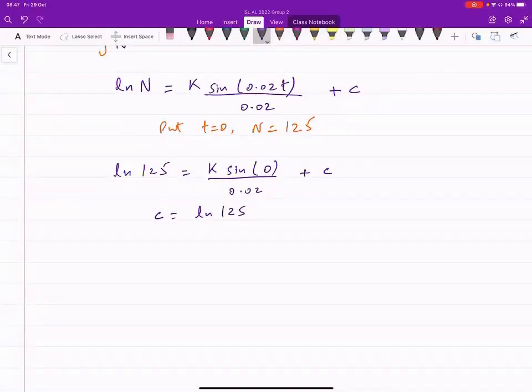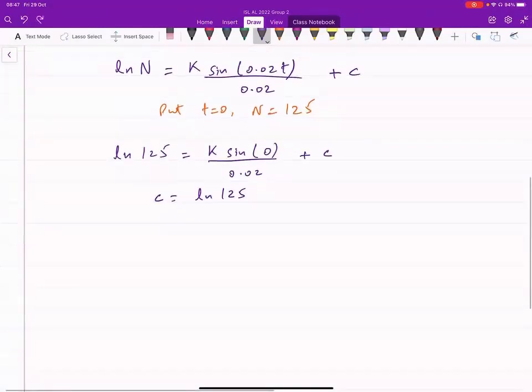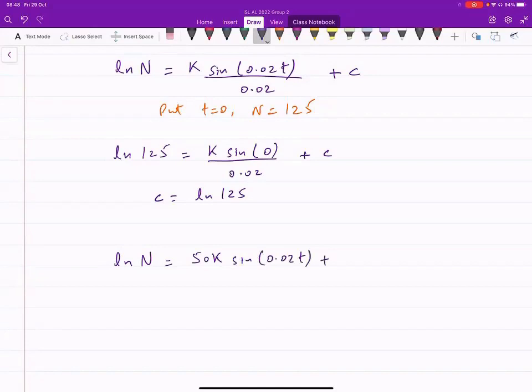We are only left with C there, so C equals ln of 125. Input this value back into it. We get ln of n equals, yes, you could do that. The 0.02 in the denominator, you can take it up. Evaluate 1 over 0.02, that turns out to be 50, so it becomes 50k into sine of 0.02t plus ln of 125.